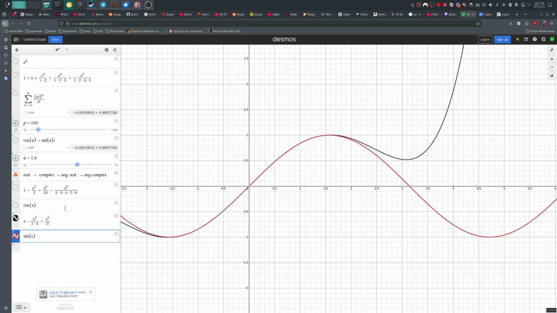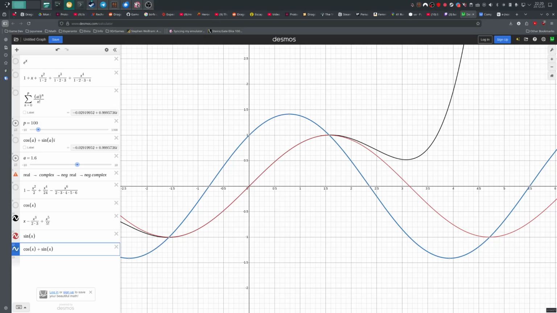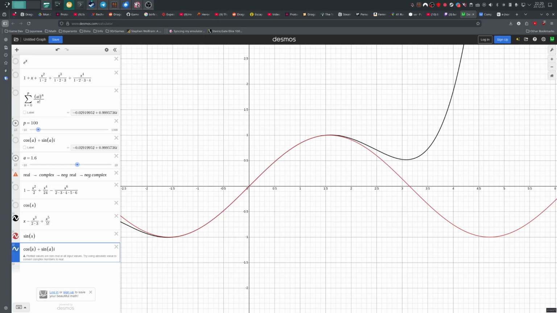Like the exponential function, if you use complex numbers, would split into two sums, which would equal cosine. The real part would be cosine, and the other would be sine. Let's put not x but a as usual.